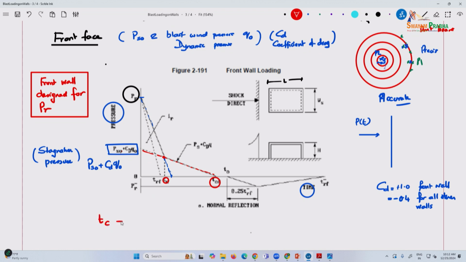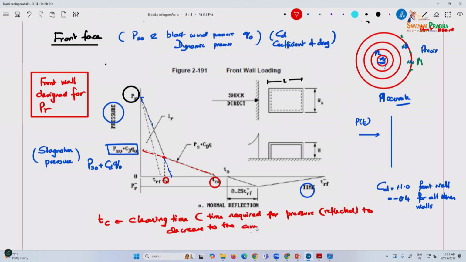So TC is the clearing time, basically the time required for the reflected pressure to decrease to the ambient air pressure at that time.